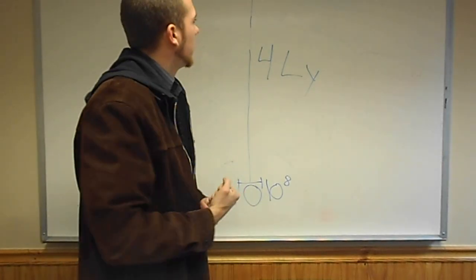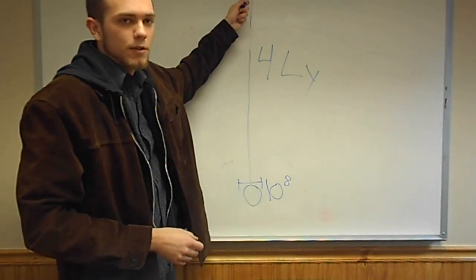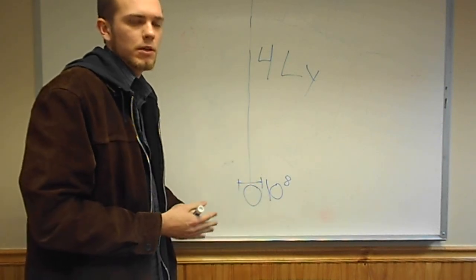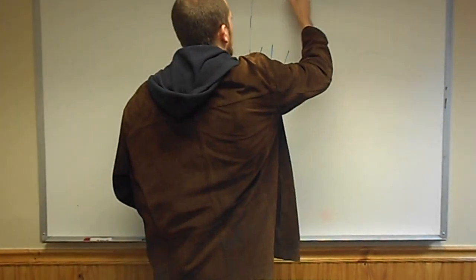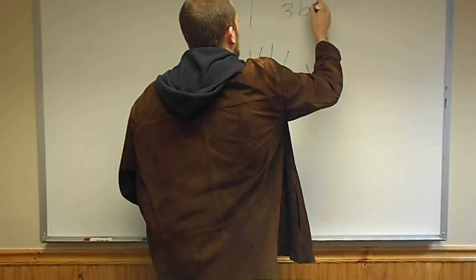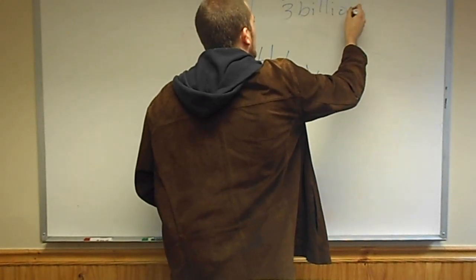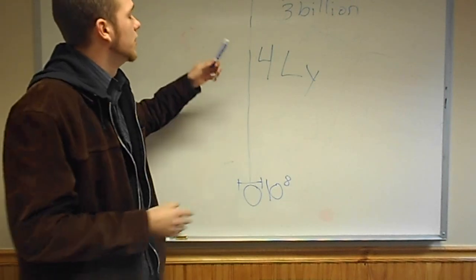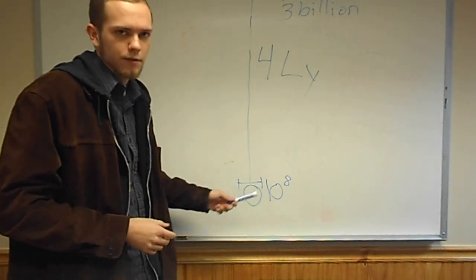So that gives us about, if we start out at the Earth and choose a random direction, we'll have about 1 chance in 3 billion that our spaceship will randomly arrive at Alpha Centauri.